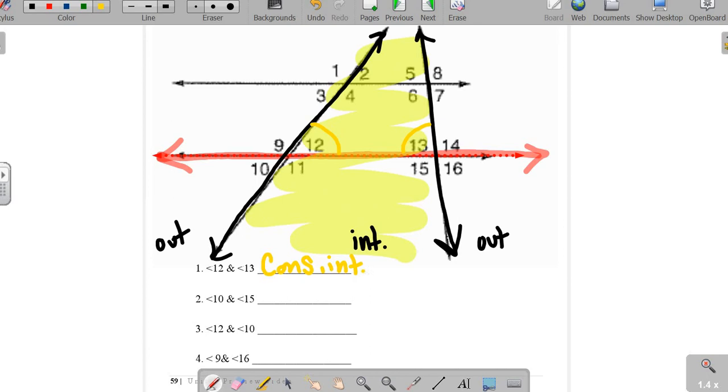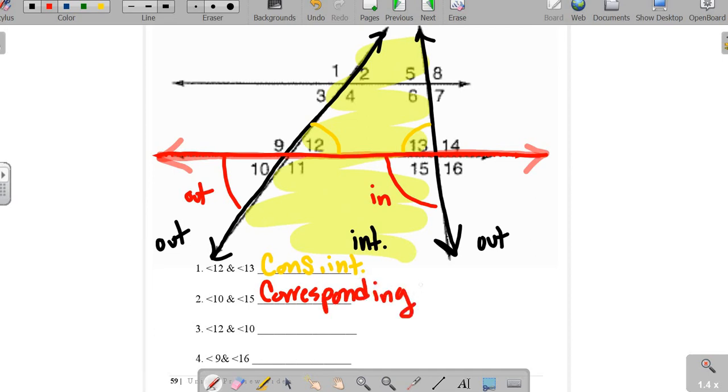Consecutive interior angles. 10 and 15. 15 is in, 10 is out. We're on the same side of the stir stick. That would be considered corresponding angles.